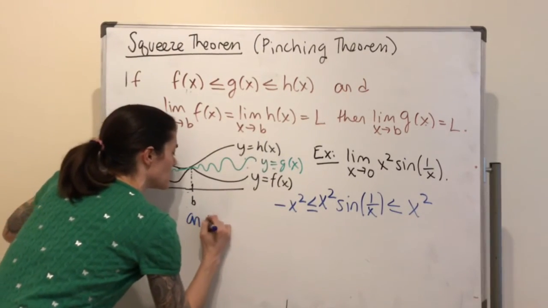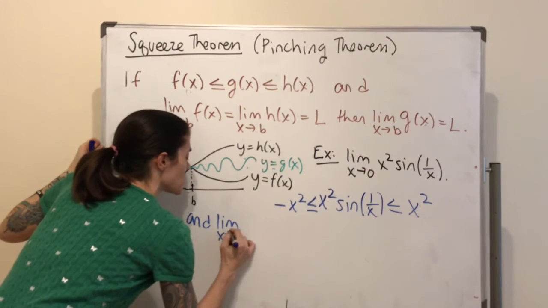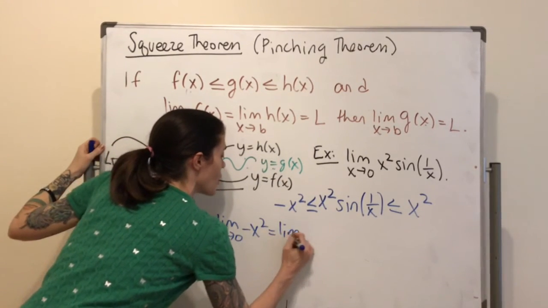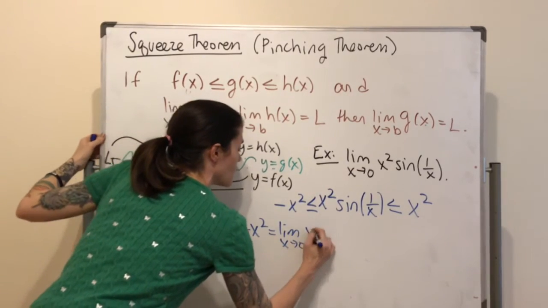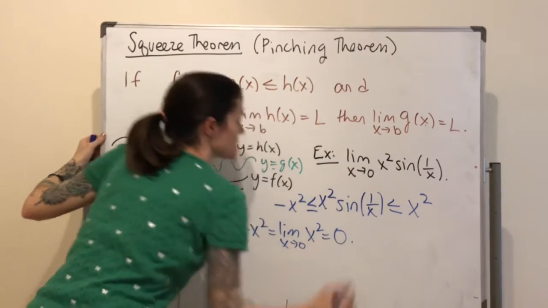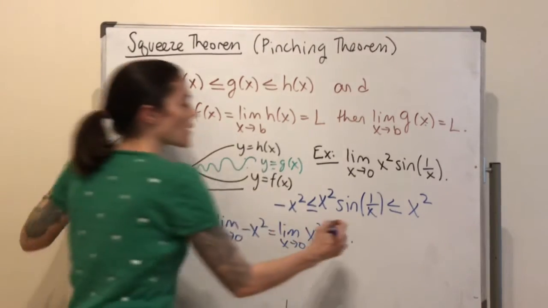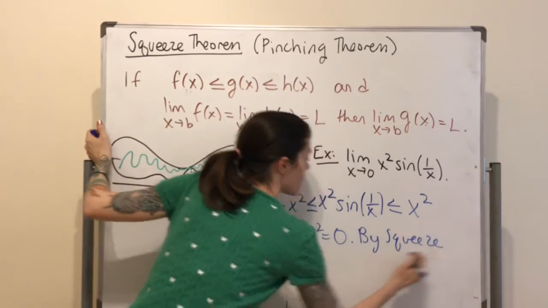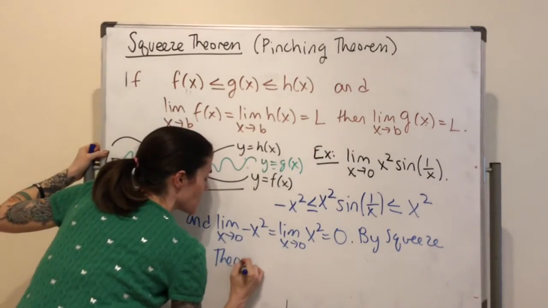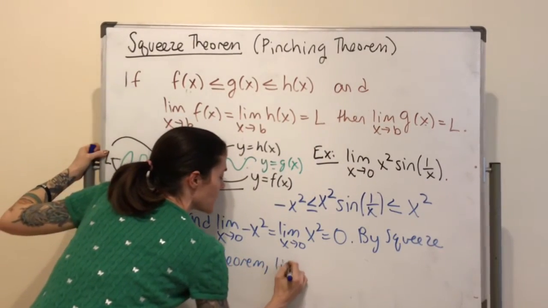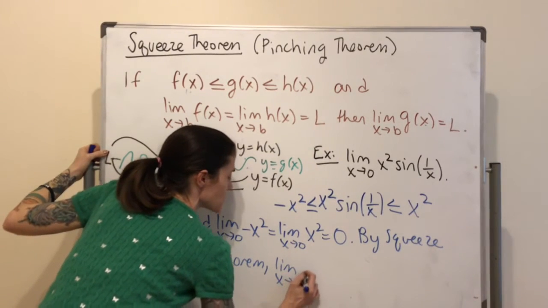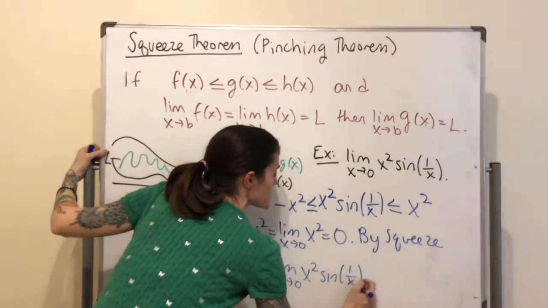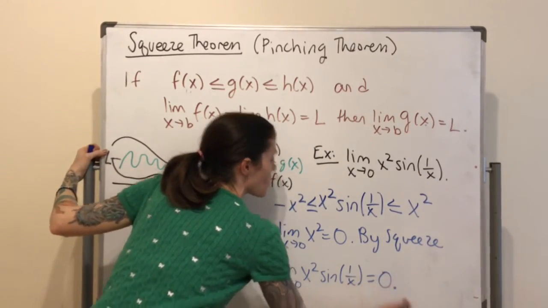And the limit as x goes to 0 of minus x squared is, these are polynomial, we can evaluate. Okay, therefore, by the squeeze theorem or the pinching theorem, the limit as x goes to 0 of x squared sine 1 over x is 0.